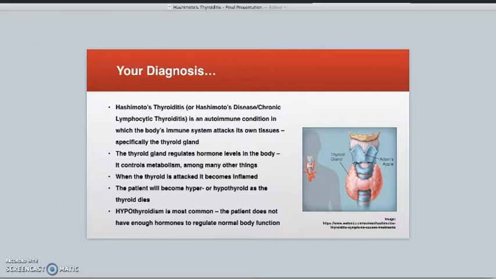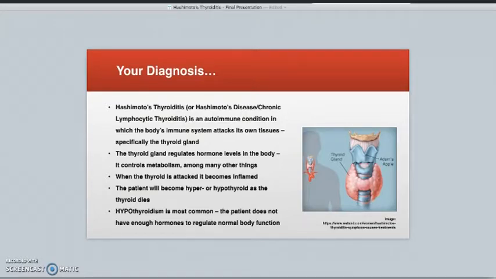The thyroid is a gland that wraps around the trachea in the neck, and it secretes hormones. It takes signals from the pituitary gland, and it secretes hormones that control pretty much everything that goes on in the human body.